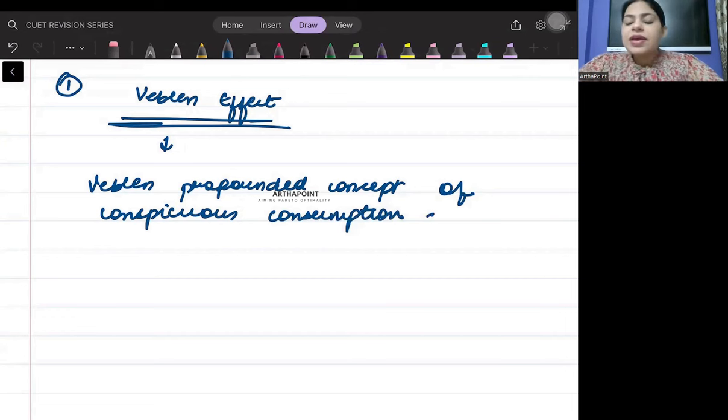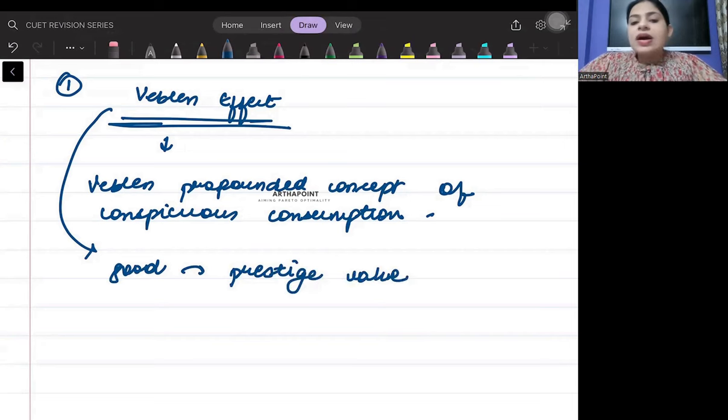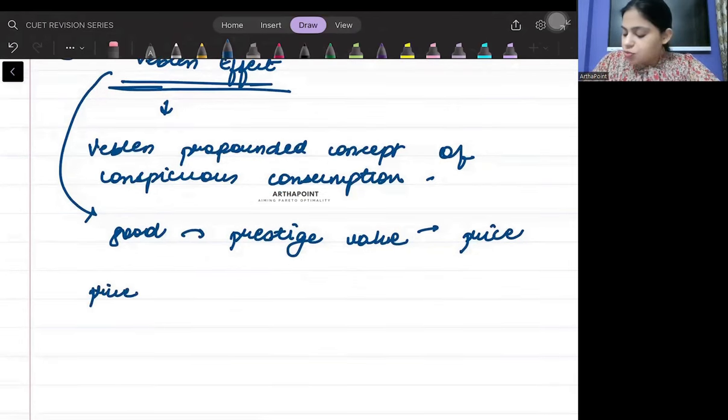What does this mean, beta? It means that according to him, a good is linked to its prestige value. Every good has some prestige, and the prestige related to it comes through its price. It comes with its price, right? When the price of the good is more, that good carries more prestige.